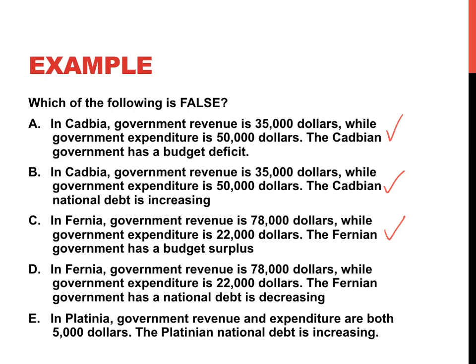And that means that they are paying down their national debt. So national debt would be decreasing. And in Platinia, if government revenue and expenditure are both $5,000, then the national debt wouldn't be increasing. It should be staying the same. So answer choice E is false.